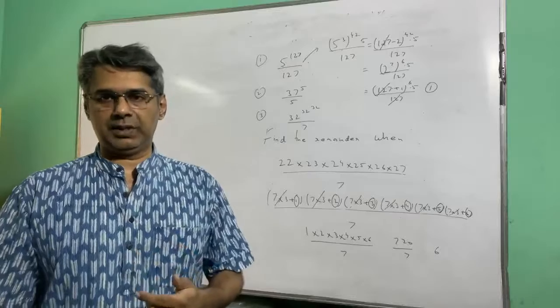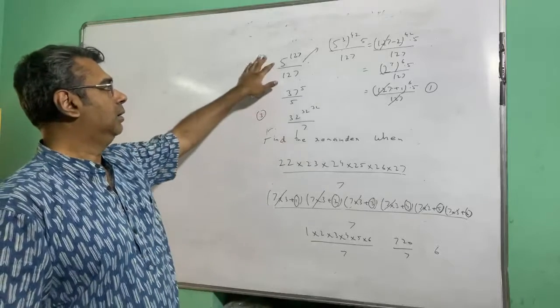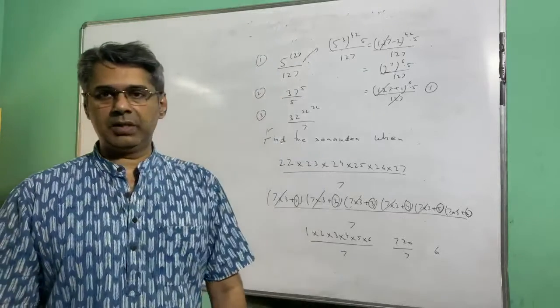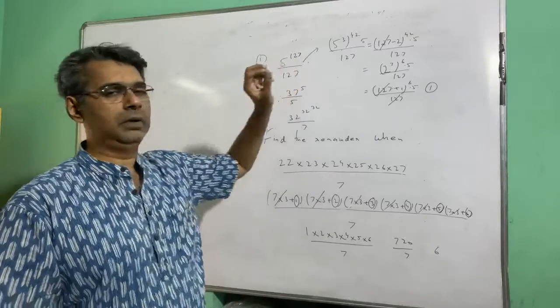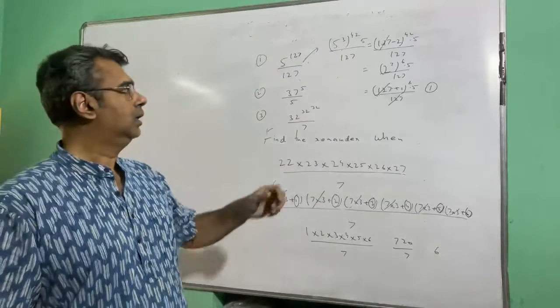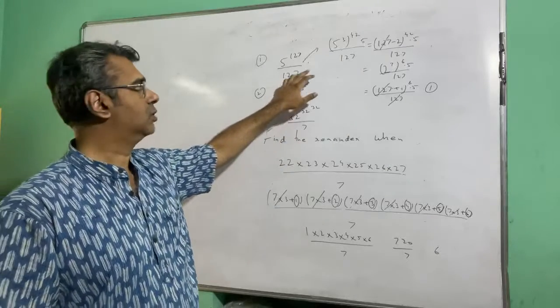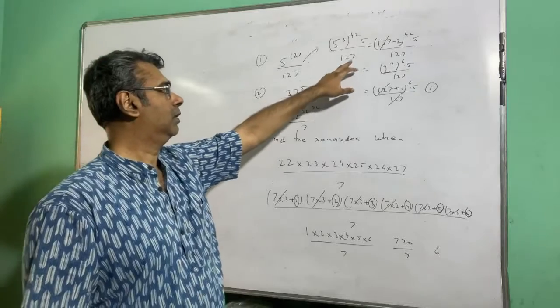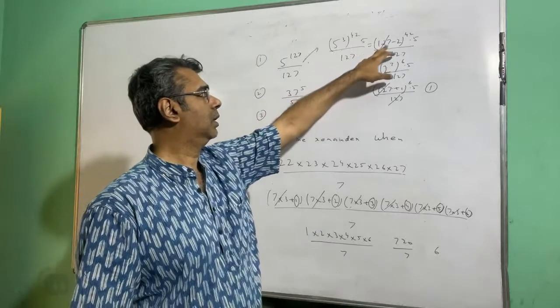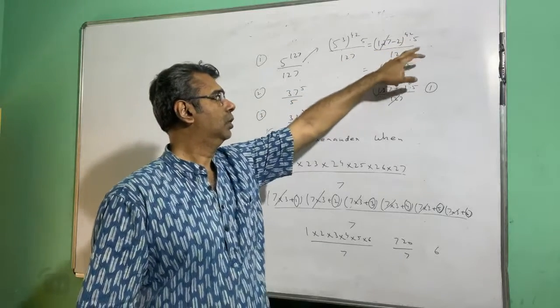So this is the first type of question. Once again, 5 to the power 127 by 127. You write a power of 5 which brings you close to 127, that is 5 to the power 3 to the power 42 into 5 by 127. 5 cubed is 127 minus 2, to the power 42 into 5.